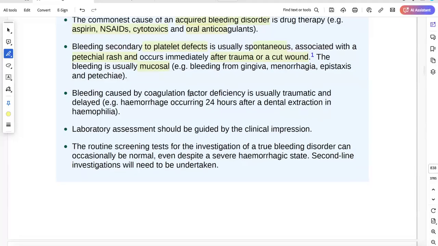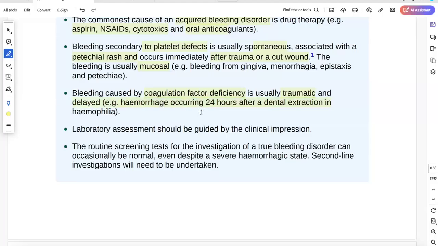Whereas bleeding caused by coagulation factor deficiency, like let's say hemophilia A or B, which is factor 9 or 10. In coagulation factor deficiency, it usually doesn't happen spontaneously, rather after a trauma, and there will be a delayed onset in this case.